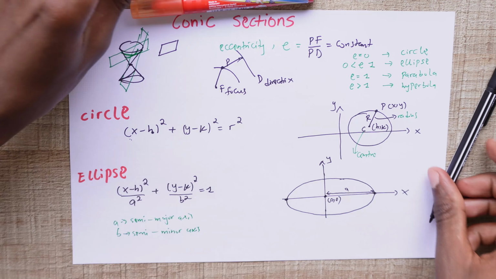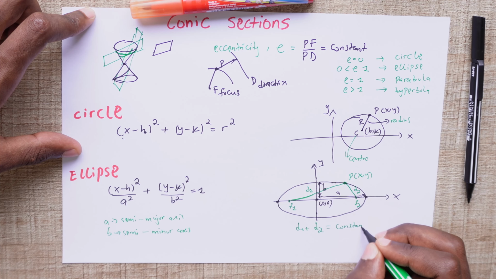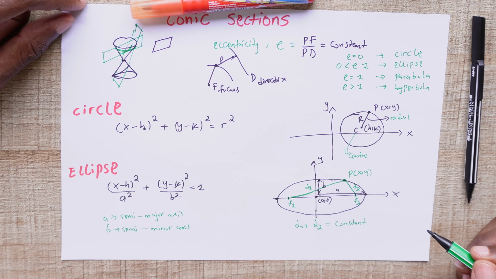So if the distance from the first focus is d1, and the distance from the second focus is d2, d1 plus d2 should be a constant. And this is how an ellipse is defined.